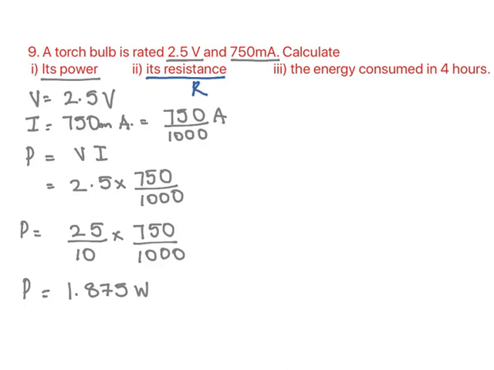Next part, we need to find resistance. Resistance means R. We know the voltage is 2.5 volts and the current is 750 over 1000 amperes.